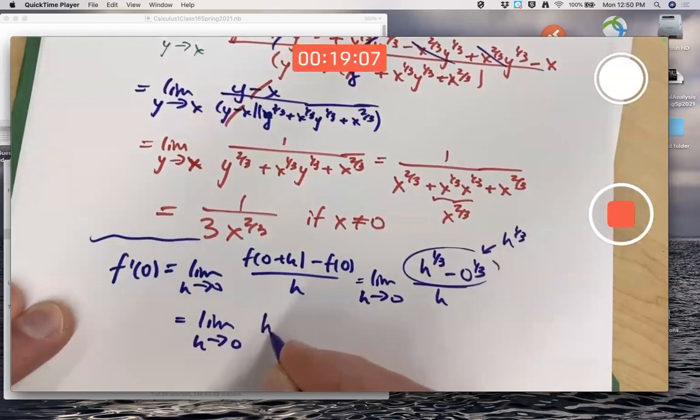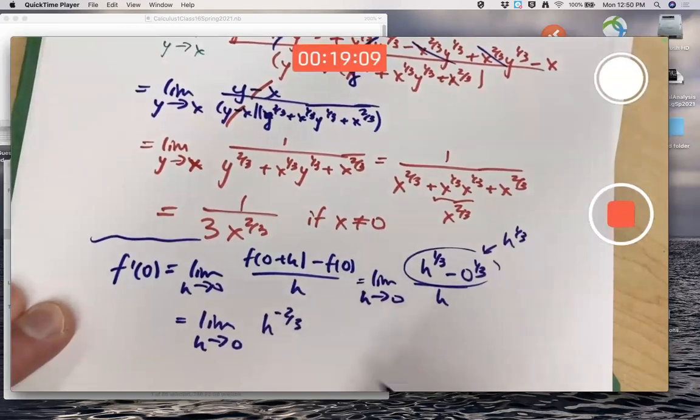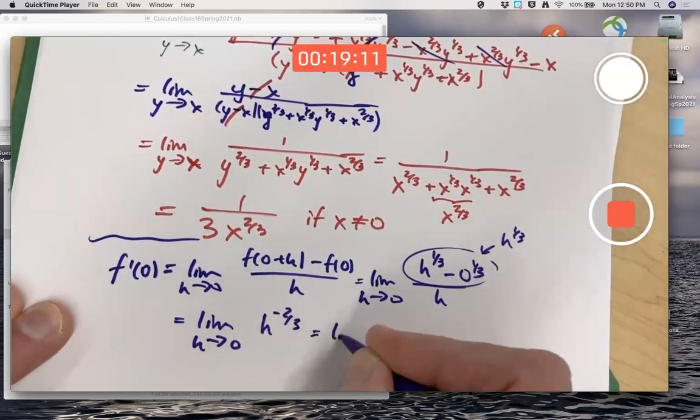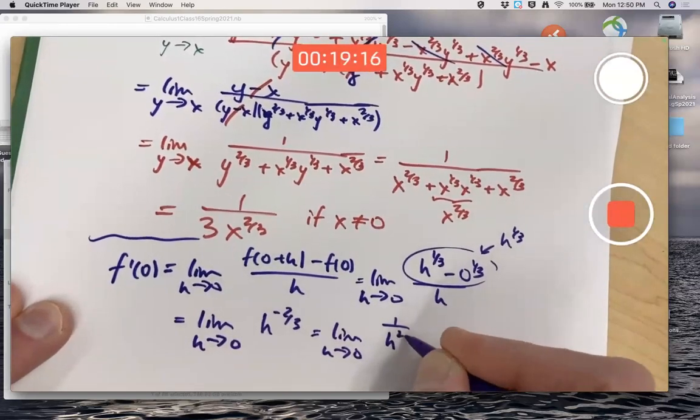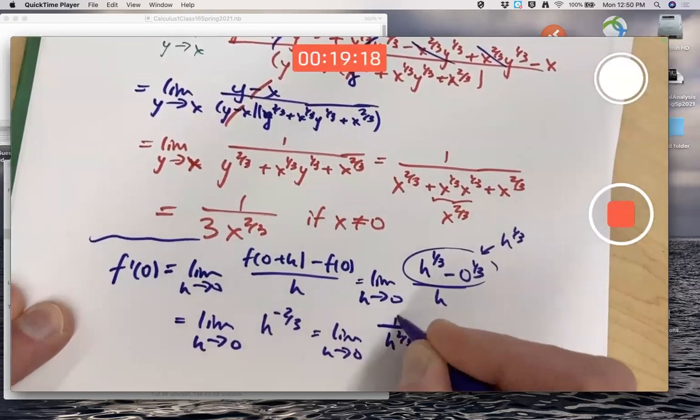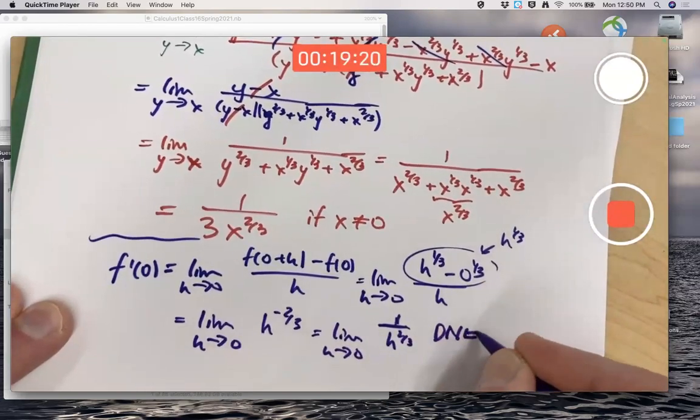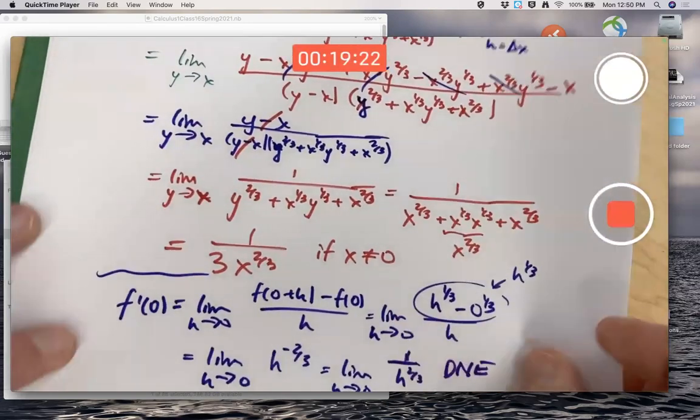I could write this as h to the negative 2/3, 1 minus 1/3, or I could write it as, a little bit easier to see, 1 over h to the 2/3. And that limit most definitely does not exist, DNE. You can't plug in 0.